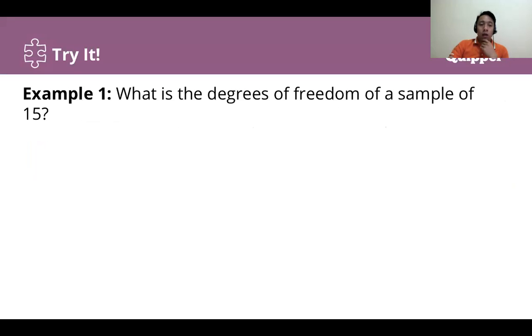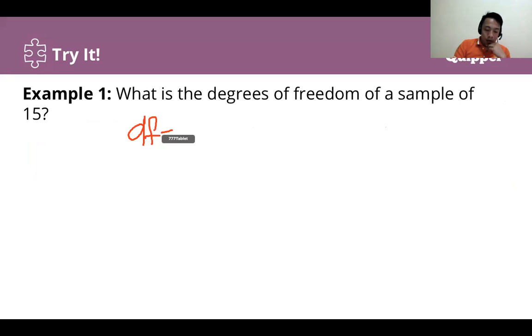Now, let us try to answer some questions regarding the degrees of freedom and the t table. Okay, number one, what is the degrees of freedom of a sample of 15? Meron lang tayong two formulas, right? If we have only one group or single group, we will just do like this.